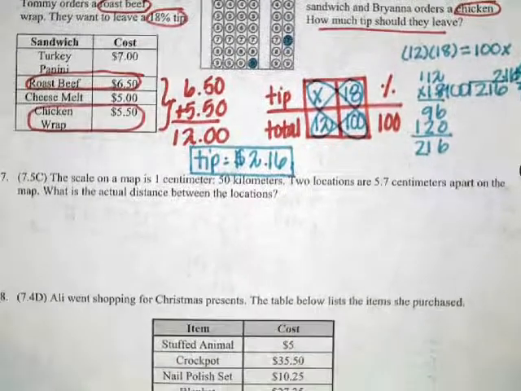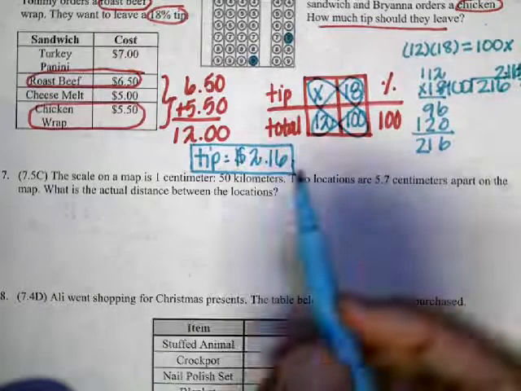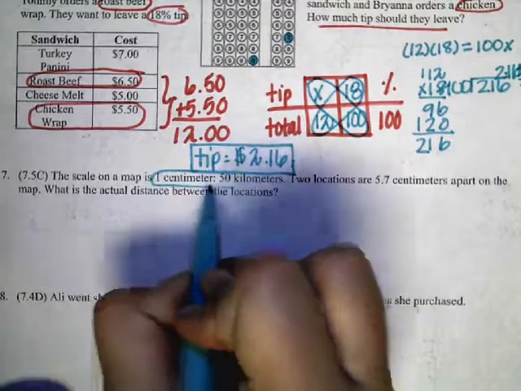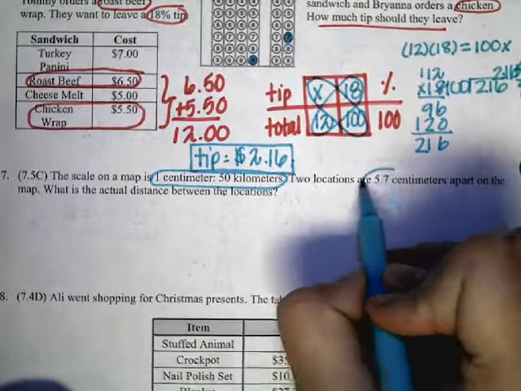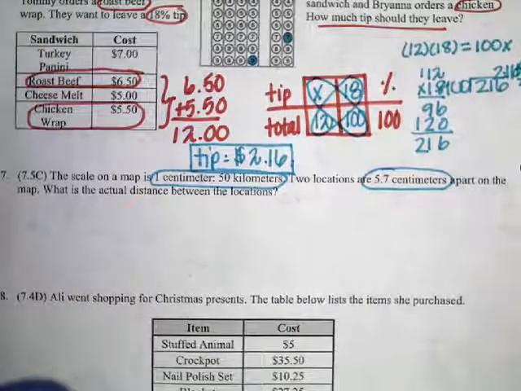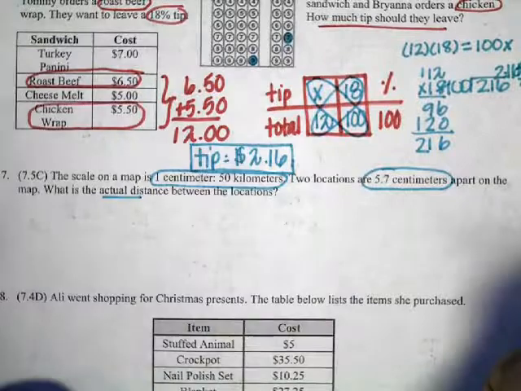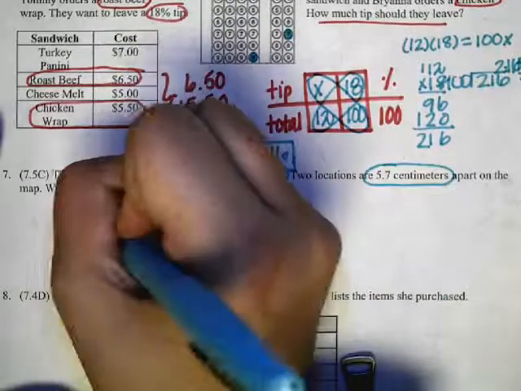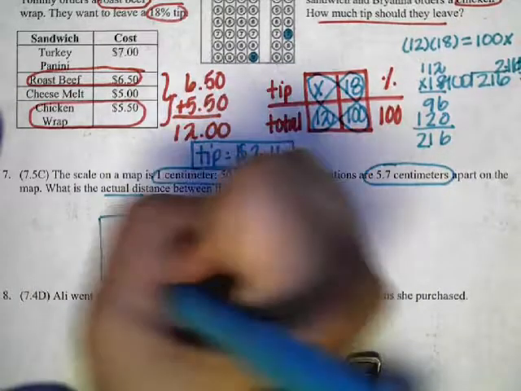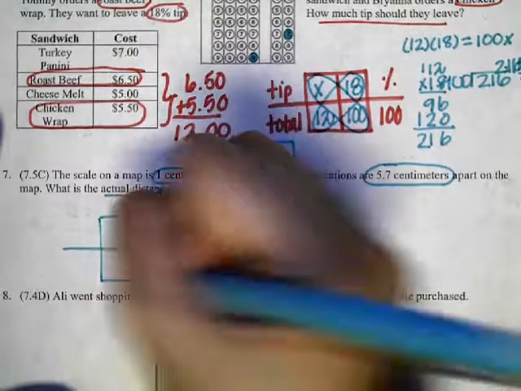Question 7. The scale on the map is 1 centimeter is equivalent to 50 kilometers. 2 locations are 5.7 centimeters apart. What is the actual distance? This is just like the problems we did on the front page. Set up a proportions box with your units.